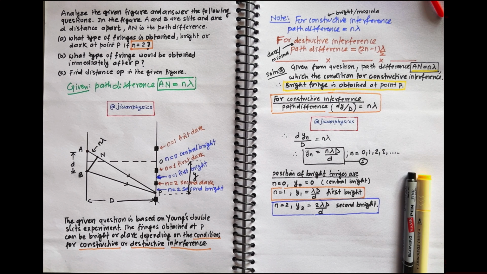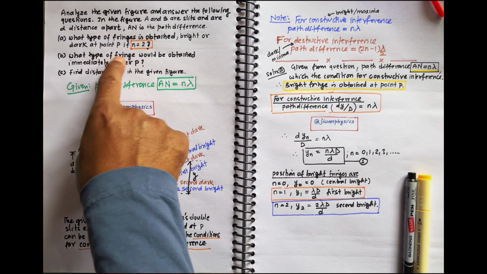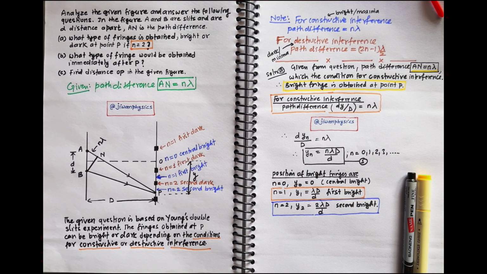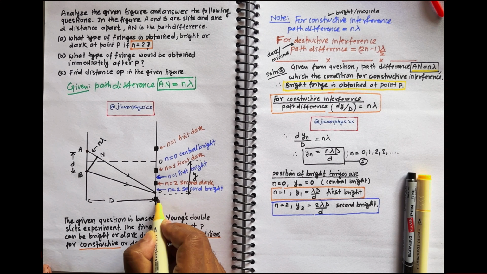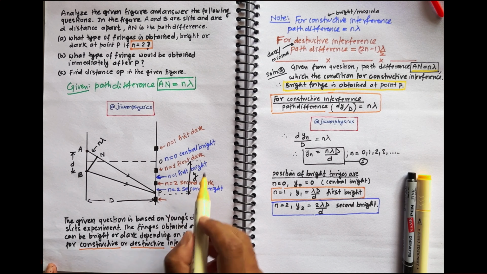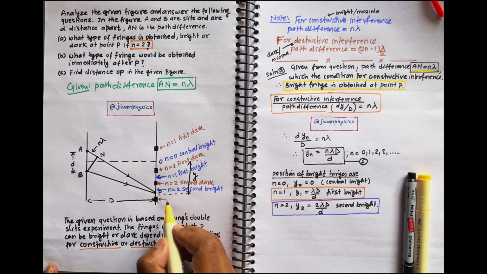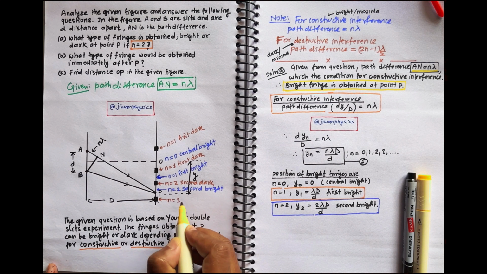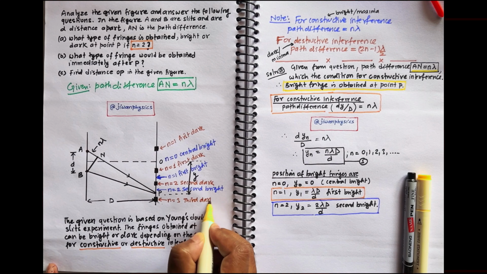Now we can see immediately after P, what type of fringe will be obtained immediately after P? What we are getting immediately after P is a dark fringe. We have first dark, second dark, so this is n equals 3, the third dark.